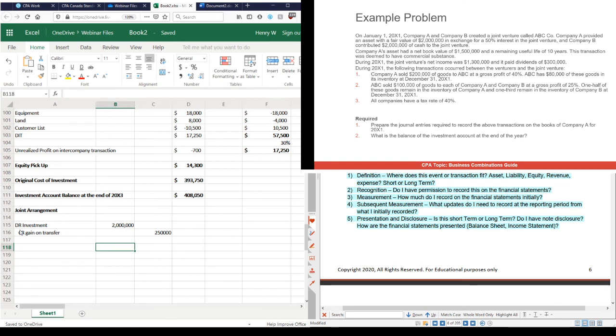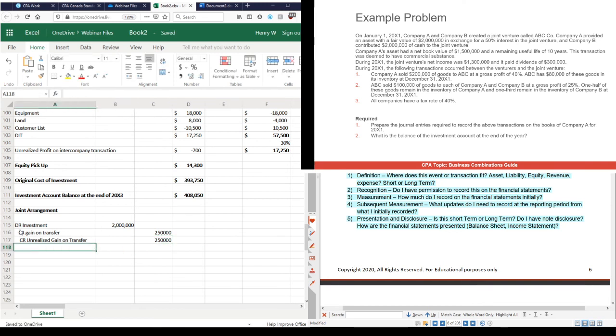Okay. Credit unrealized gain on transfer, another 500,000 times 50%.